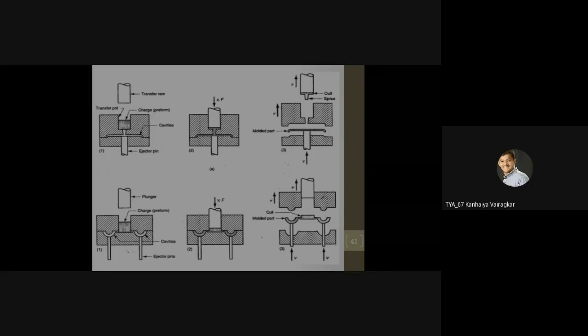See, in the first three figures horizontally, the first one is for pot transfer molding. There is a transfer pot, and the material or charge, which is also called a preform, is in Figure 1 part A. That material is kept in the transfer pot, and this ram will push the material inside the sprue and the cavities.